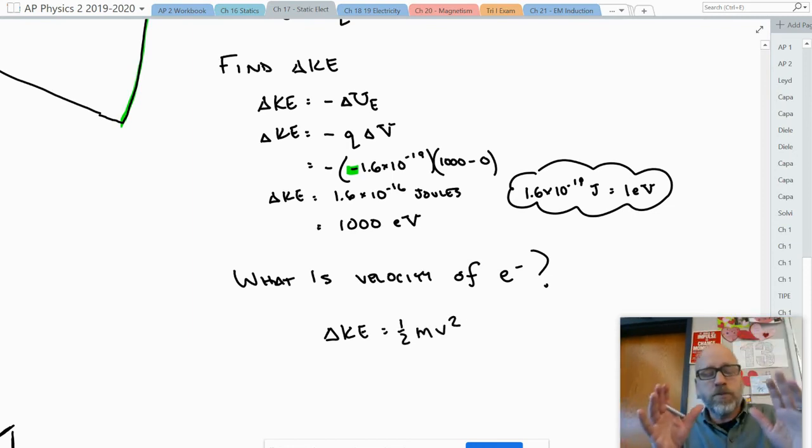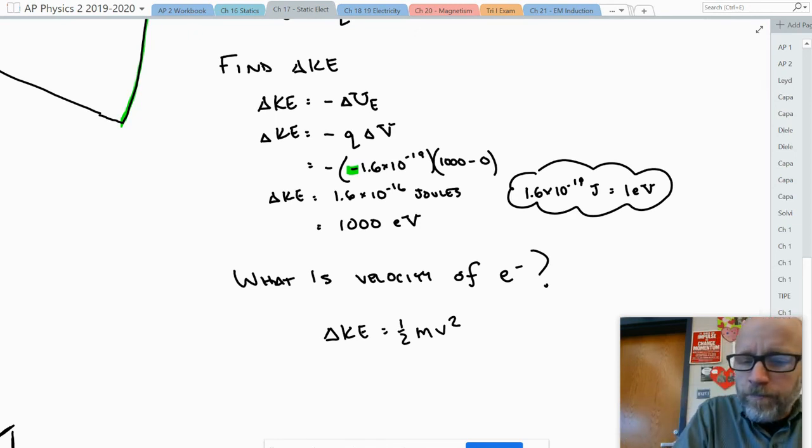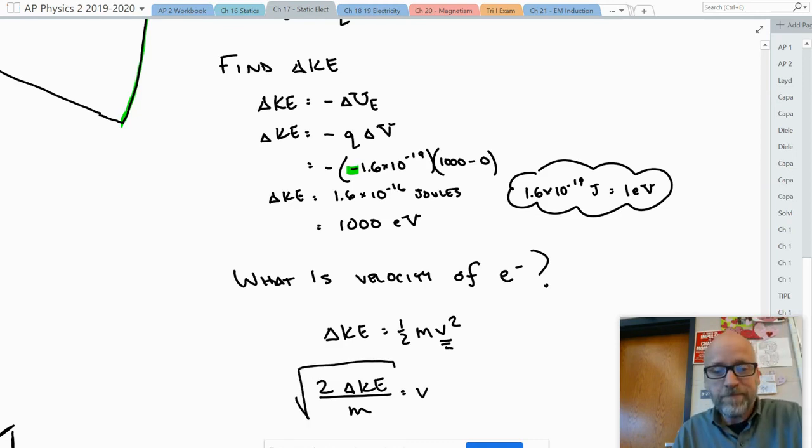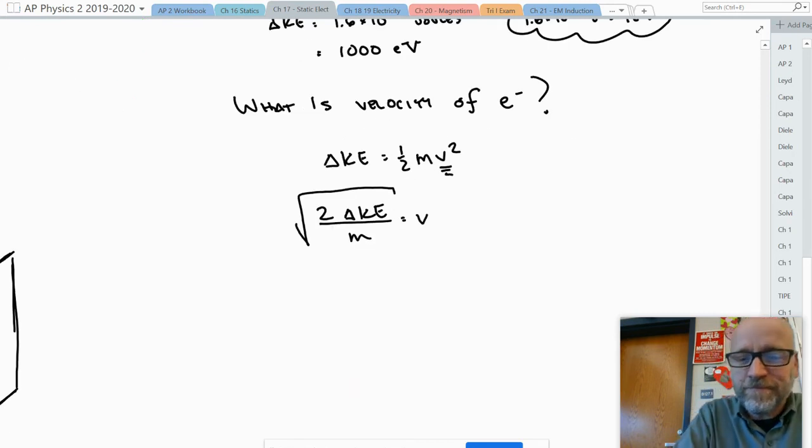Now, I'm assuming that it's starting at rest. My change in kinetic energy, I already have a value for that. So why don't I just take that and solve and get v all alone? So 2 times the change in kinetic energy divided by the mass equals the velocity squared.